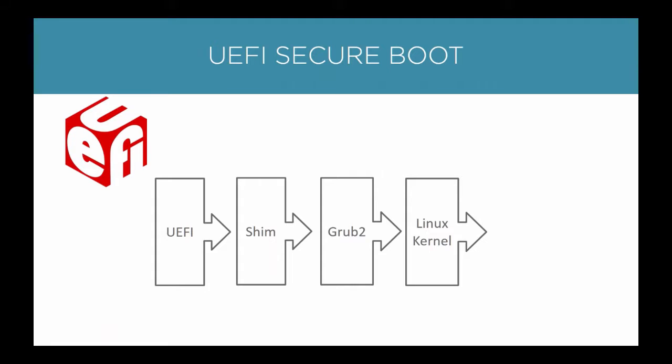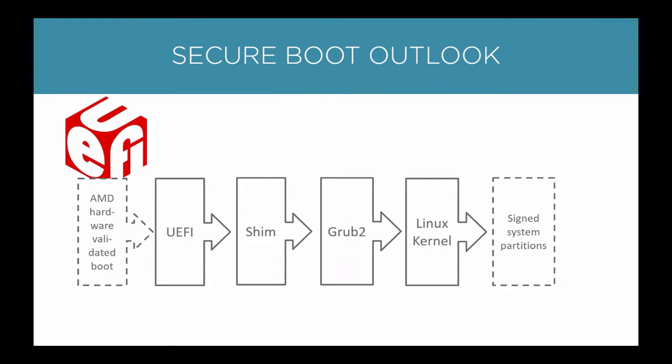Not really, I must admit, because we only have part of the trust chain from UEFI up to the Linux kernel. And midterm, IGEL's plans are to have a full chain going from the hardware via UEFI shim, grub, and the Linux kernel to the operating system partitions on the medium.